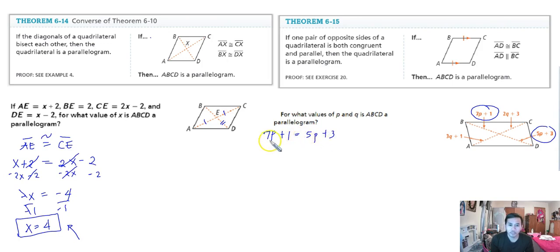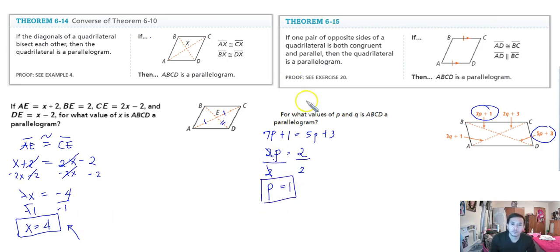So I'm going to subtract, that is 7 minus 5, that would be 2P, sorry. I was looking at the 3 there. So 3 minus 1 will be 2. So divide this by 2. Therefore, P is equal to 1.